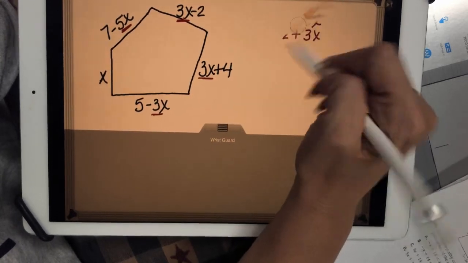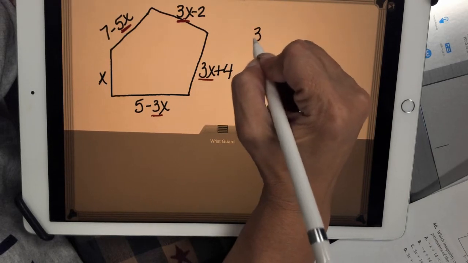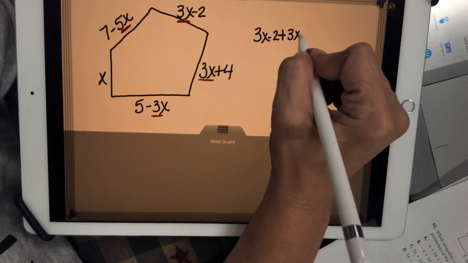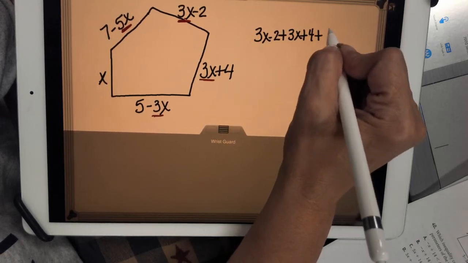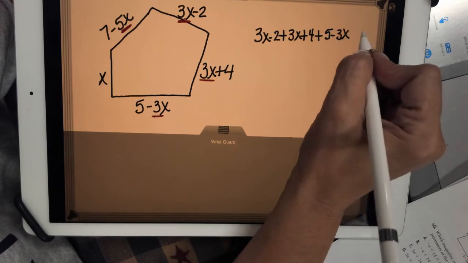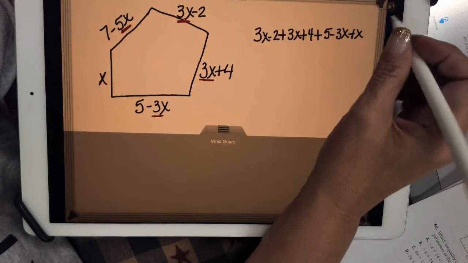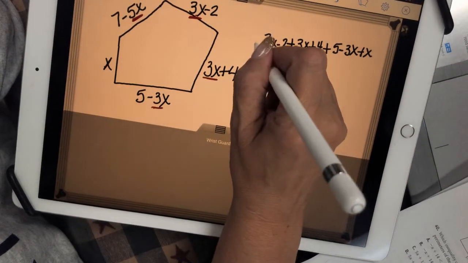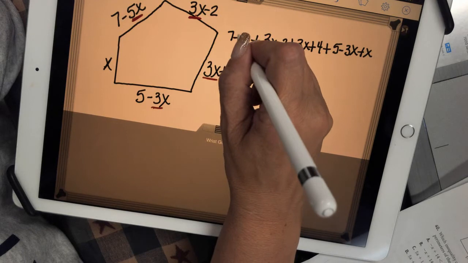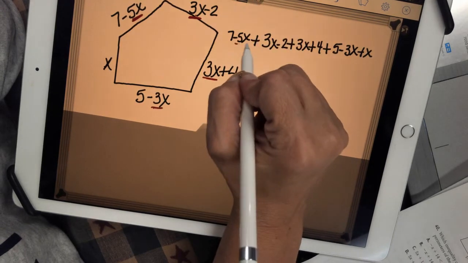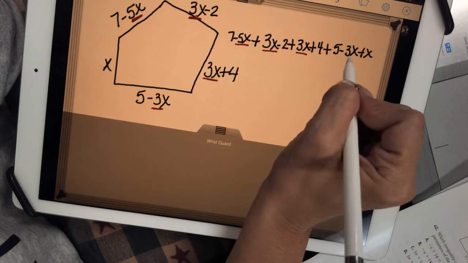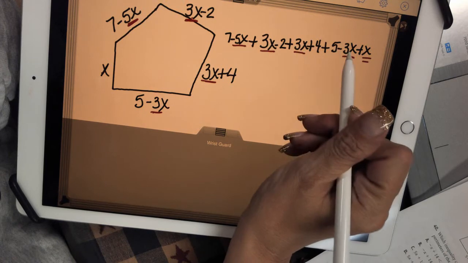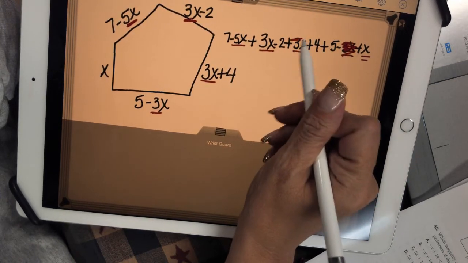Oh, I'm probably confusing y'all. Sorry, that's what happens when I think about it while I'm trying to work it. 3x minus 2 plus 3x plus 4 plus 5 minus 3x plus x plus 7 minus 5x. Oh, it's not going to fit, so I'm going to come over here. Negative 5, 3, 3, negative 3, and 1. So 3x and negative 3x are going to cancel each other out.